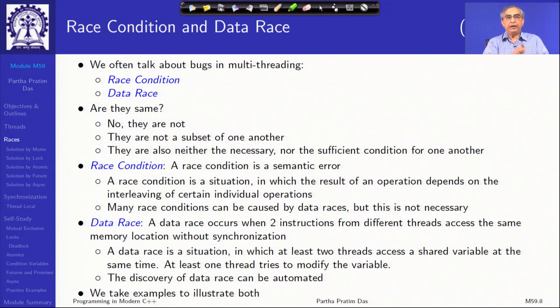A data race particularly arises when at least two instructions from different threads are trying to access the same memory location without synchronization, and at least one of them is trying to write.